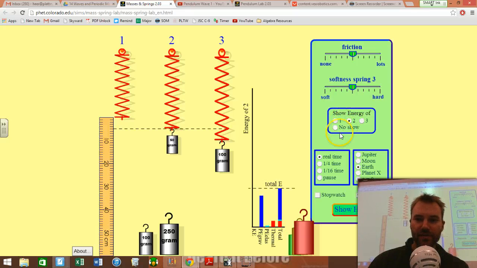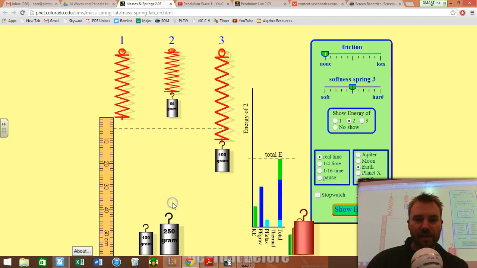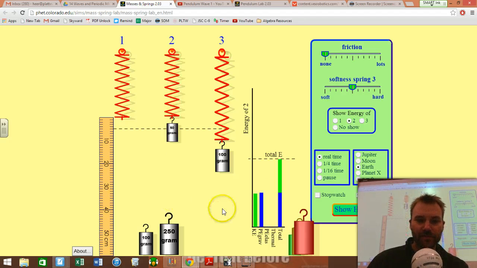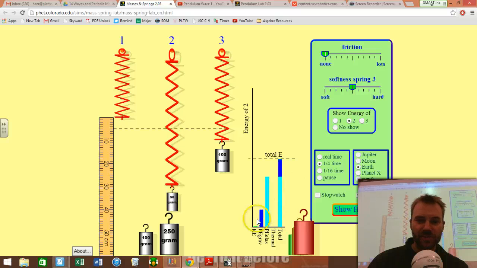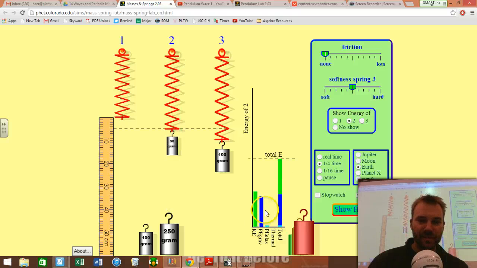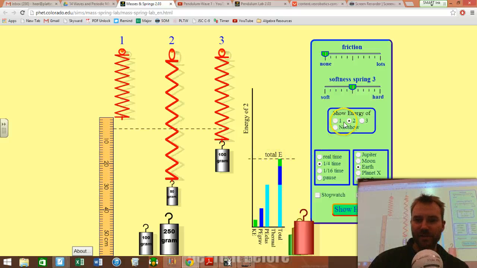Now, I can actually show the energy of this, which is kind of neat, like of spring number 2. I can show how much energy. Now, if I take away friction, when I pull this, I can give it more energy. And you'll see that I'm giving it potential energy right now. And it's got some potential energy provided by gravity because it's a certain distance above the ground. So when I let this thing go, holy cow. It cycles between potential energy and kinetic energy. I wonder if I can slow it down just a little bit so you can see. But always, potential energy plus kinetic energy plus all three of these are going to add up to your total amount of energy.